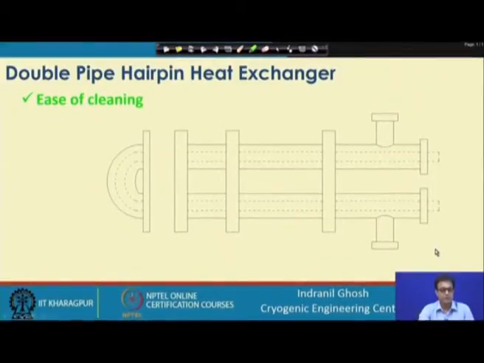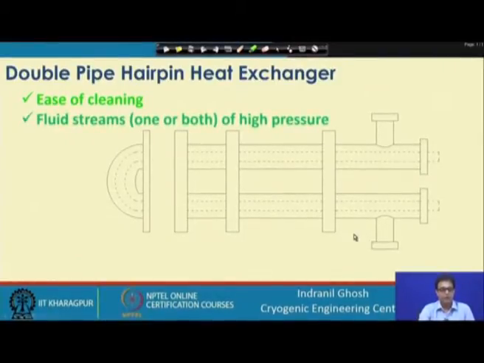Advantages: we have the ease of cleaning, and we can use this exchanger where both fluid streams, or one of the fluid streams, are at extremely high pressure.